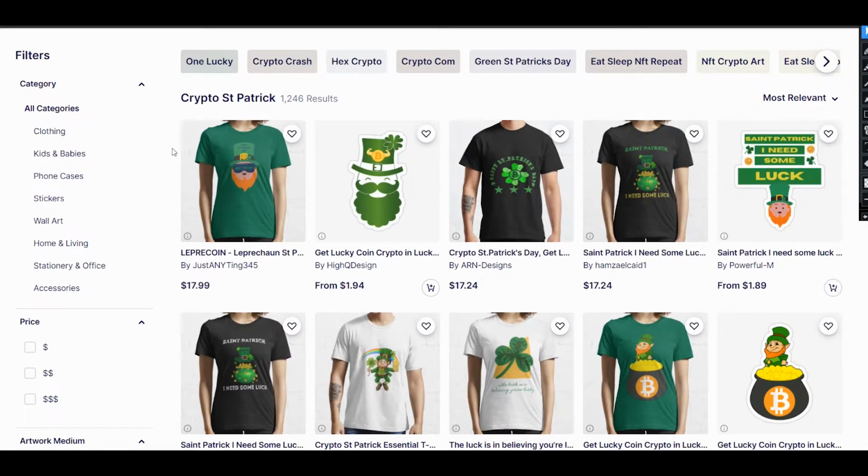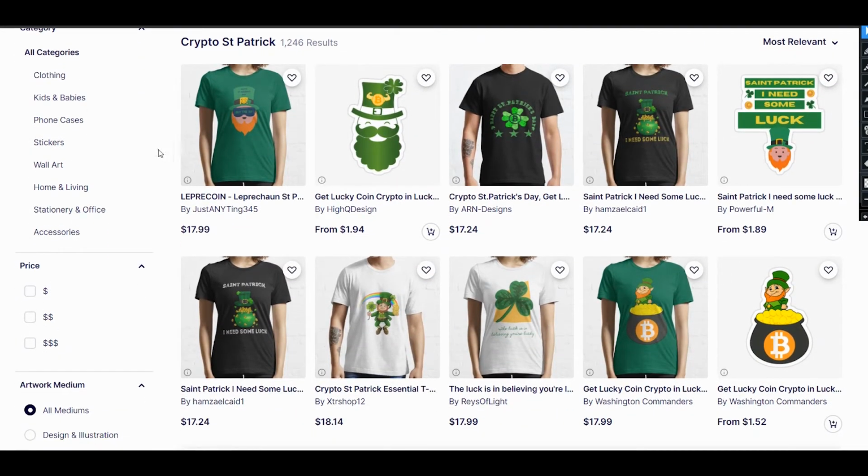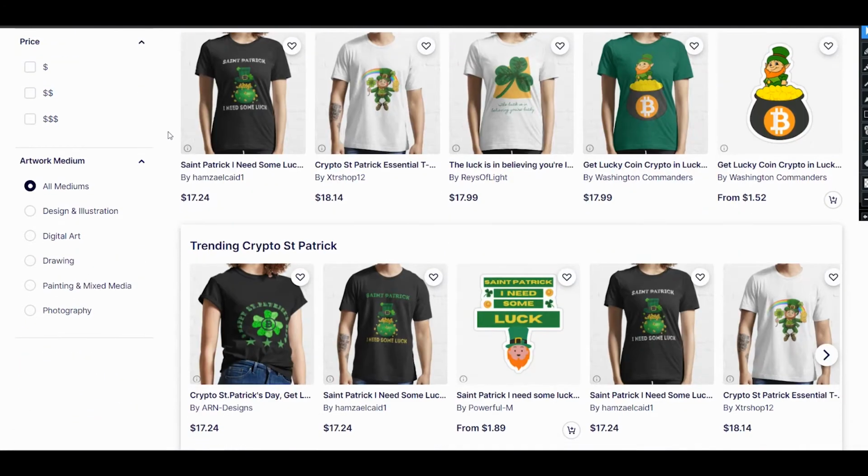Of course, for this design idea you need to illustrate something in green colors, or maybe not exactly in green colors but on a green t-shirt, because it is another way of creating a St. Patrick's Day design, with some symbols of cryptocurrency.